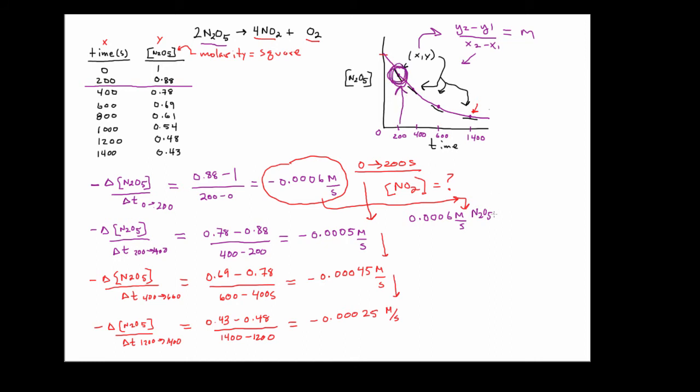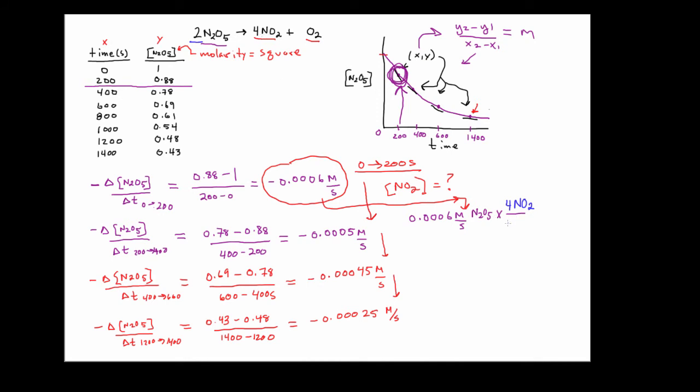Now, to get the average rate of the NO2, what I'm going to do is use a ratio from the balanced equation. This is just like a regular theoretical yield stoichiometry problem. So in the numerator, there are going to be 4 NO2s because for every 2 moles of N2O5 that disappears, we're going to form 4 NO2s.